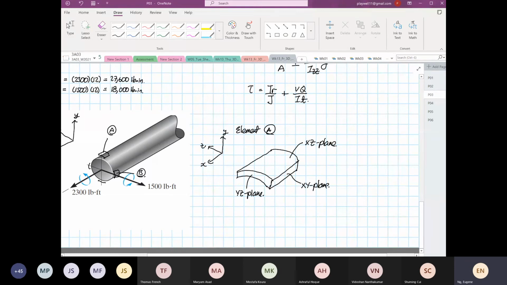Can someone tell me which one is in plane? XZ. Yeah, so this is my in plane, and these are my out of plane.